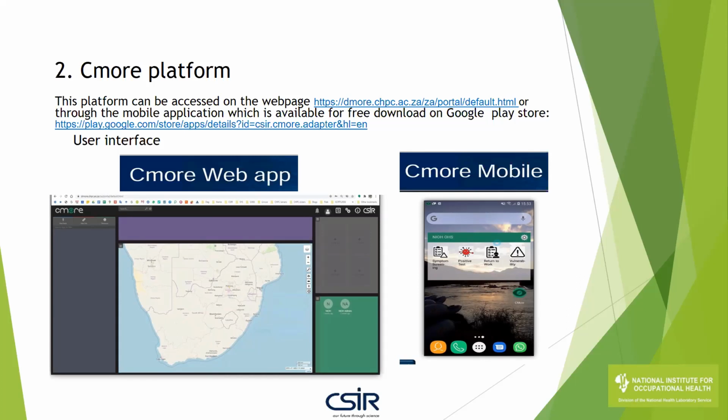So the CIMO app is more practical and easy to use for small businesses that don't report a large number of cases whenever they do their reporting. So if you're getting a smaller number of cases, you can use the CIMO platform, and it's not strenuous at all. We can move on to the next slide.